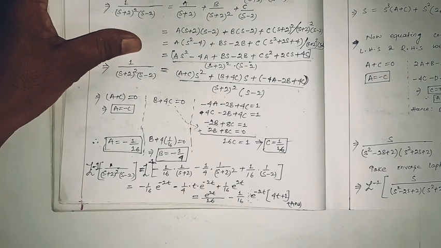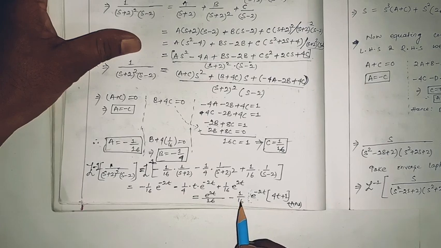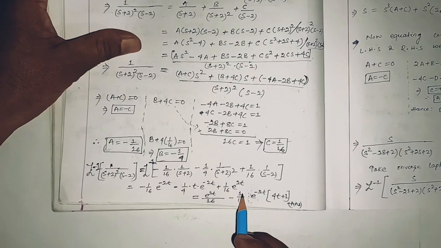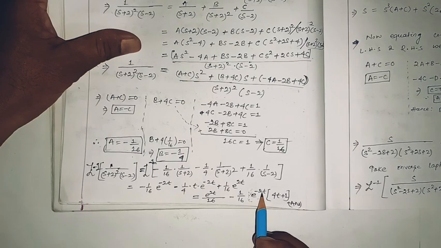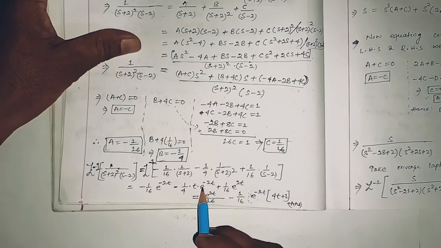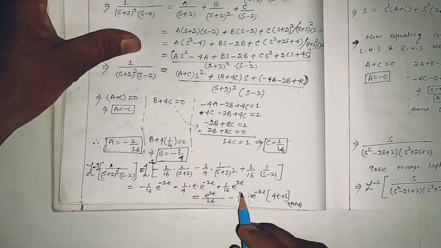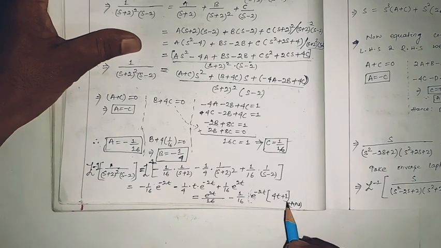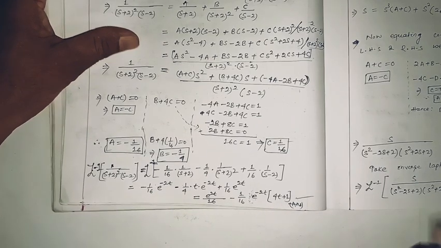Then minus 1 by 16 taken common from these two terms, e to the minus 2t taken common, we find minus 1 by 16 into e to the minus 2t into (4t plus 1), plus 1 by 16 e to the 2t. This will be your answer, right?